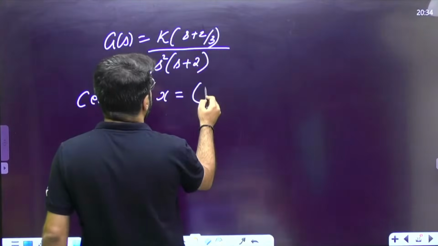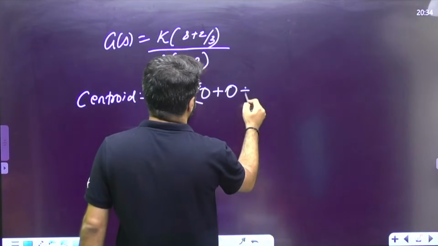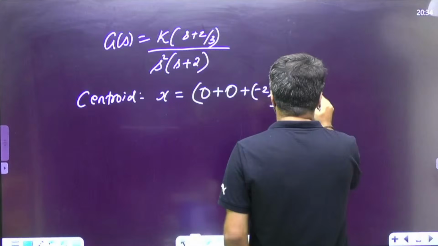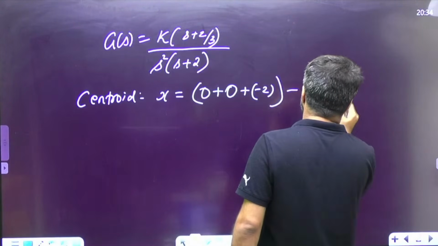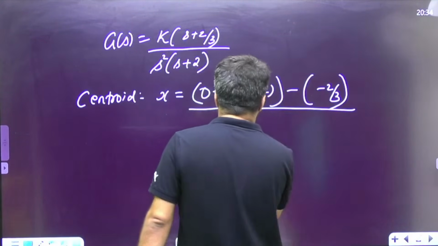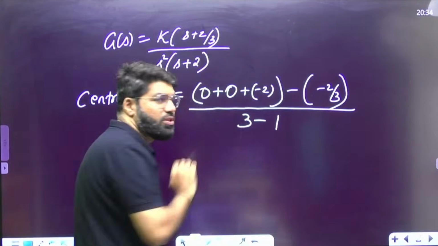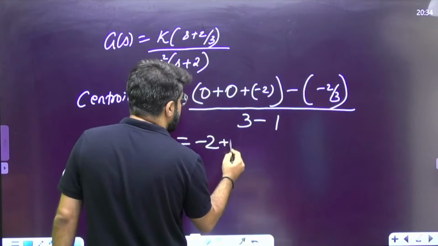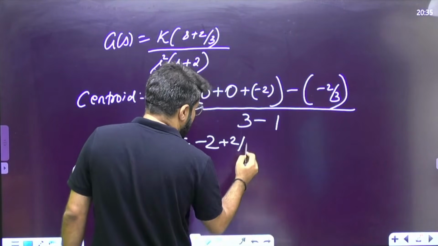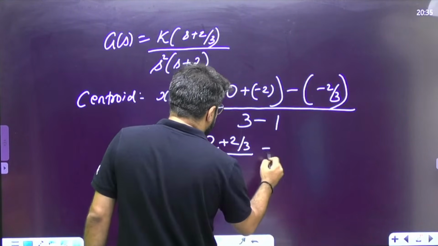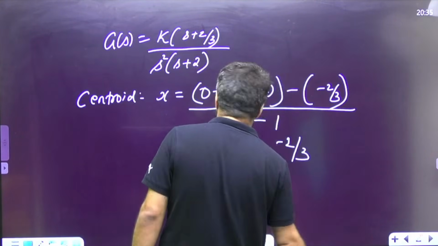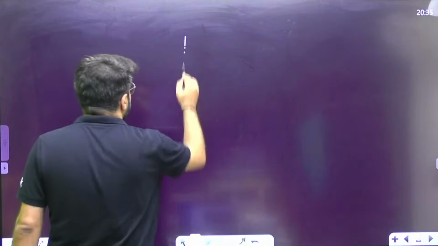Summation of all the poles: 0, 0 and minus 2. Minus the summation of zeros: the zero is at minus 2 by 3, whole divided by 3 minus 1, total number of poles minus total number of zeros. This is going to become minus 2 plus 2 by 3, divided by 2. Minus of 4 by 3 by 2, which is minus 2 by 3. So the centroid also is at minus 2 by 3, means what?